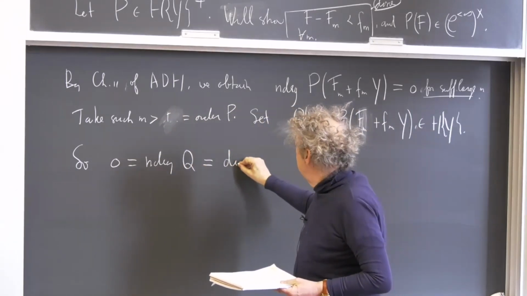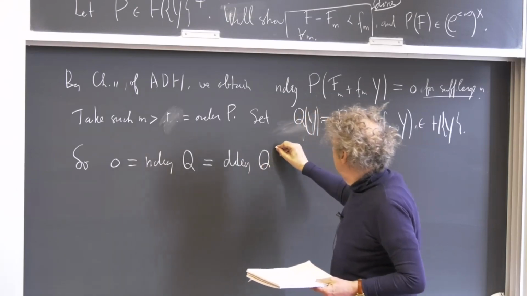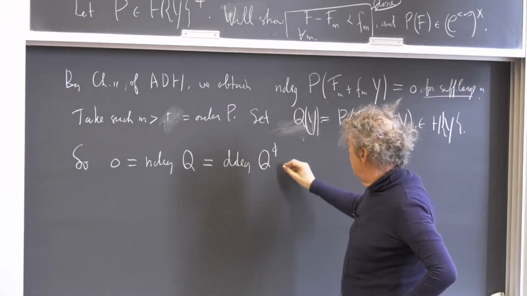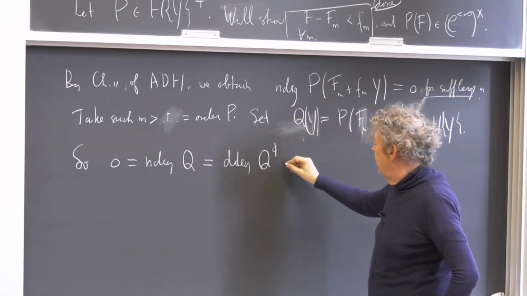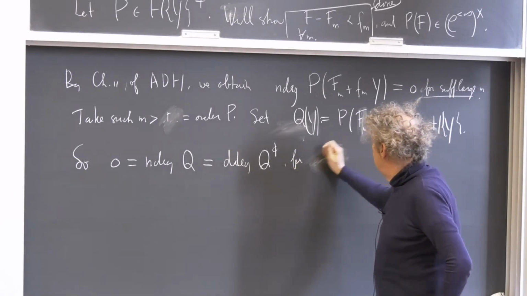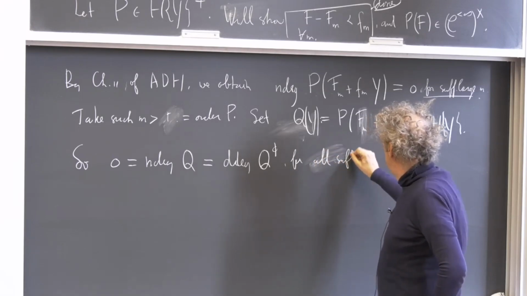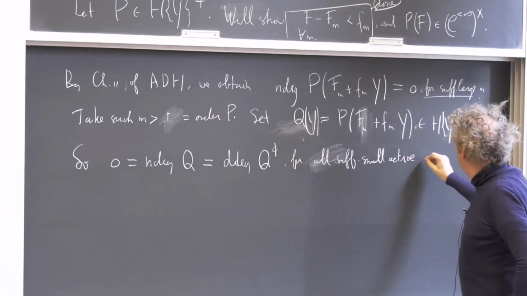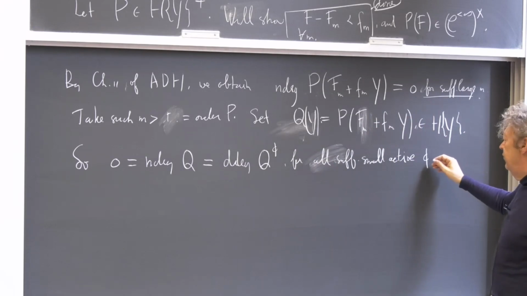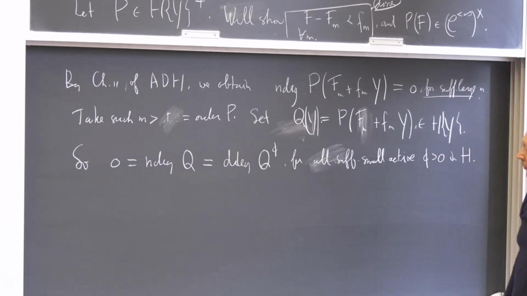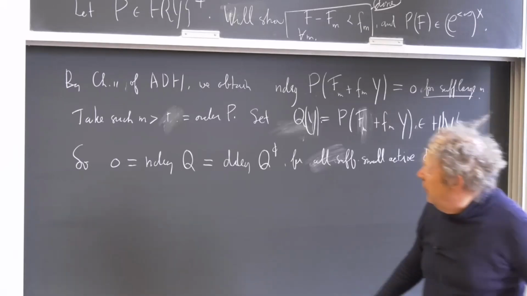But what is this? This is simply the dominant degree of a certain compositional conjugate. The dominant degree of Q's compositional conjugate is 0 for all sufficiently small active phi in H, phi greater than 0 in H. Okay, and so take such phi.